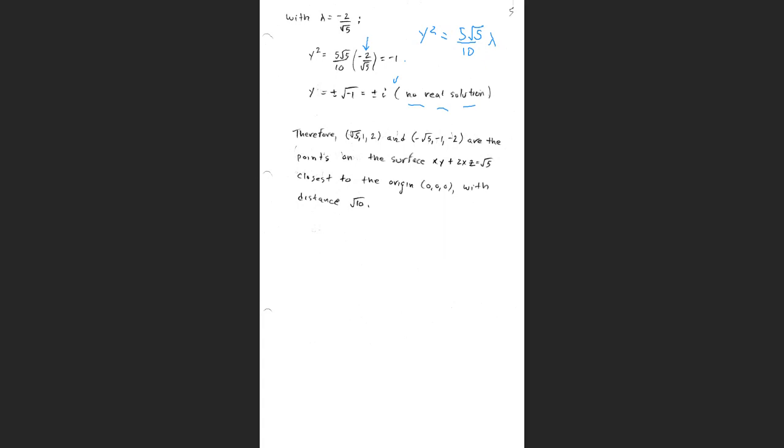Because our surface is given by the equation x times y plus 2 times x times z equals 5 root 5. That surface is in three-dimensional space, and the coordinates on that surface that are closest to the origin would have real values.